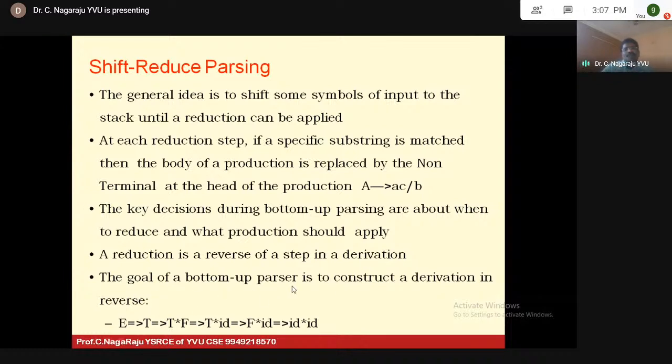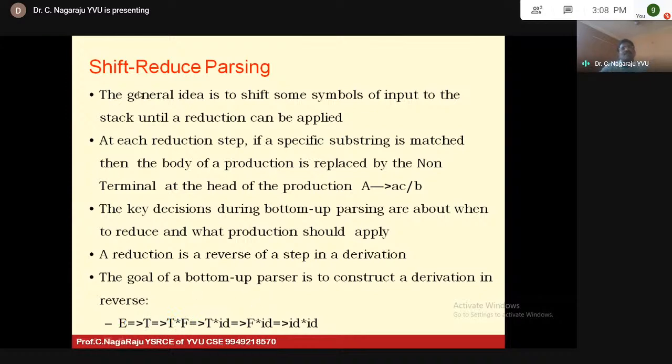So the goal of the bottom-up parser is to construct a derivation in reverse. For example, in the previous case, I explained id star id. This id is replaced with F, next this F is replaced with T, and next this T is replaced by T star F, and after that we are making the root node of this.